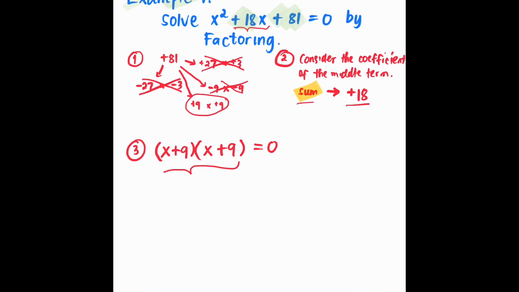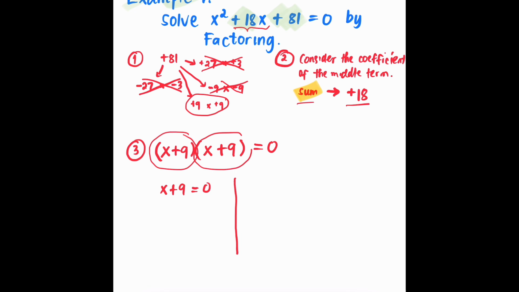Now, we were told to find the solution. So in order for us to do that, we need to first take the first factor. So take this one. So you have x plus 9, then equate it to 0.